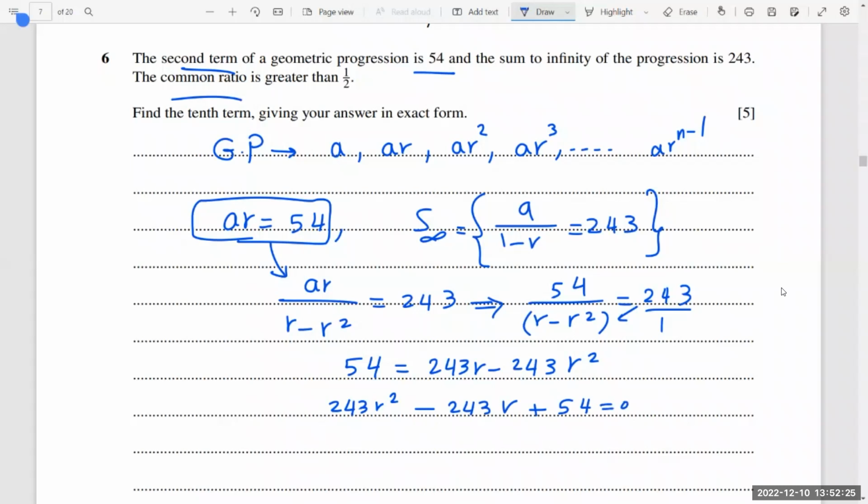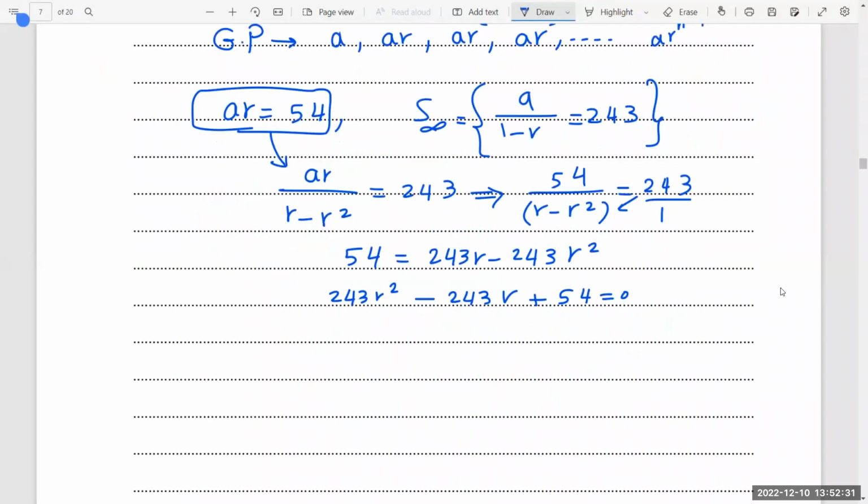I can simplify this equation or solve it by the quadratic formula. 54 is divisible by 9, and 243 is divisible by 27. It's divisible by 9, even divisible by 27, no problem.